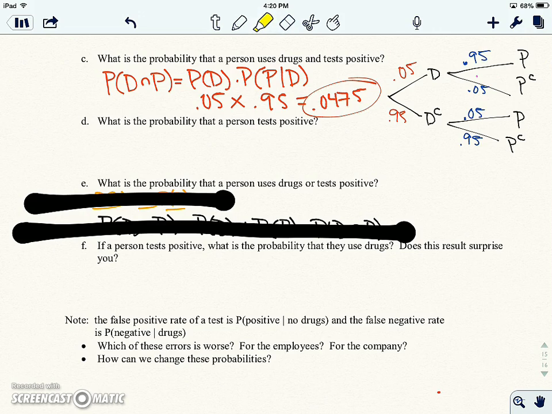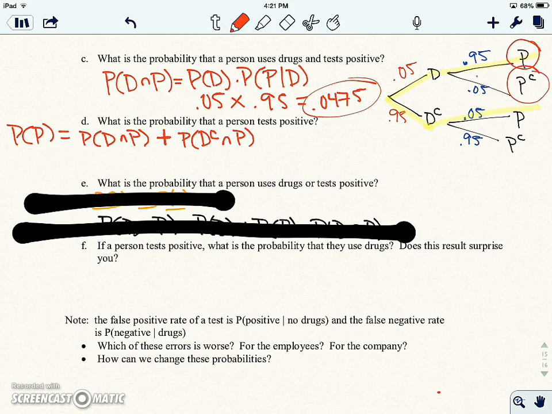Then it asks, what is the probability that a person tests positive? Well, there are two ways to test positive. You could be a druggie and test positive, or you could not do drugs, but you're unlucky and you still test positive. So we have to look at it both ways. Probability of drug and positive, or the probability of no drugs and positive. And that would give us the probability of being positive. We have to do it this way because we only know the positives based off of if they do drugs or not. So we have to break it up into the two ways.